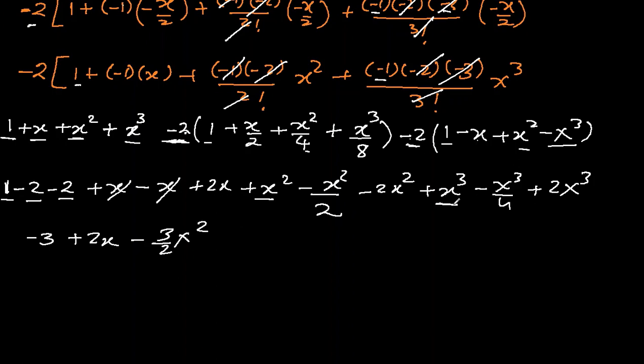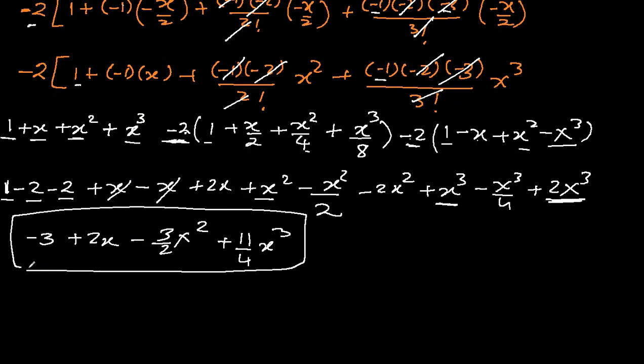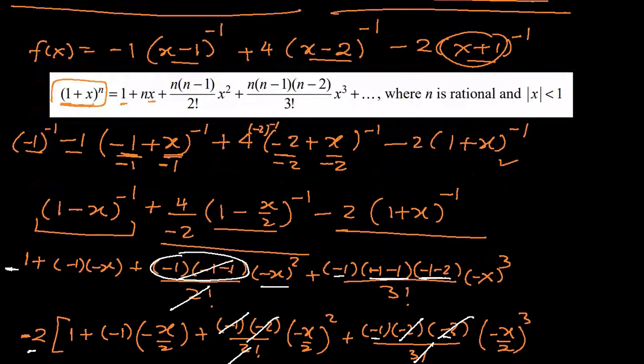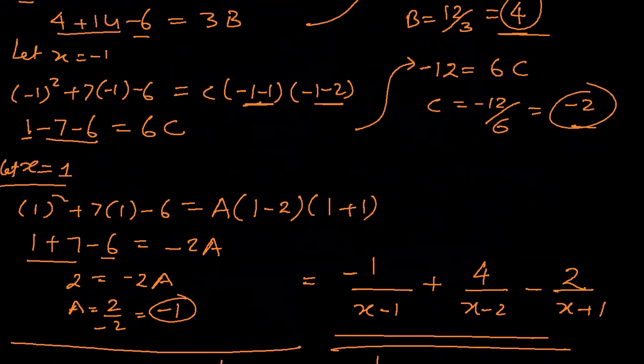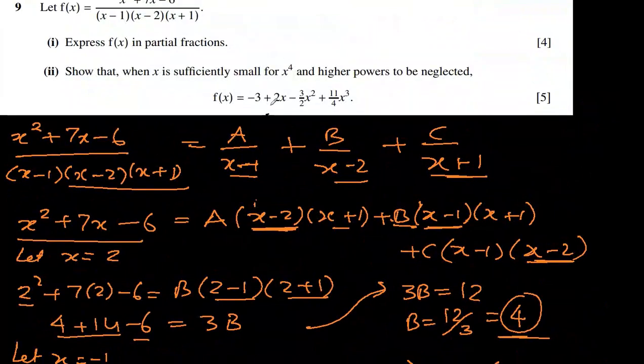Now x cube. x cube plus 2x cube will be 3x cube, and 3x cube over 4 is 12 minus 1 plus 11 by 4 x cube, and this is what they might be asking for. Minus 3 plus 2x minus 3 over 2 x square plus 11 over 4 x to the power 3.